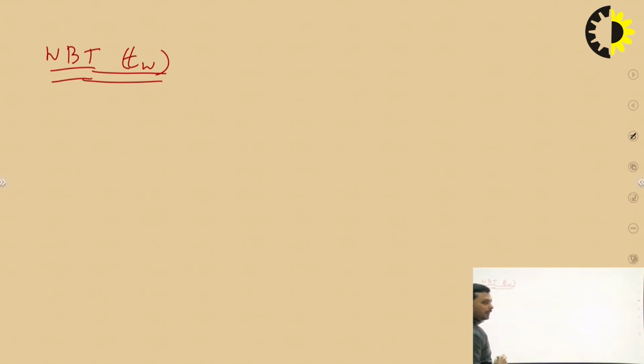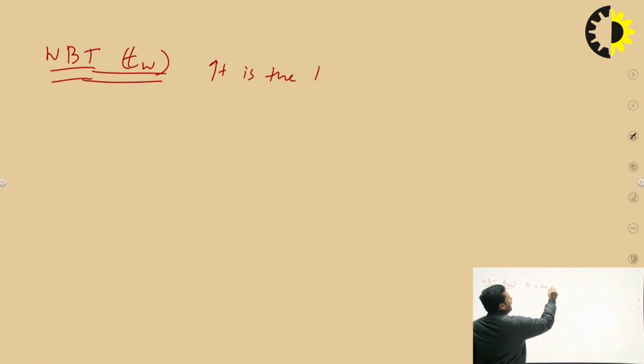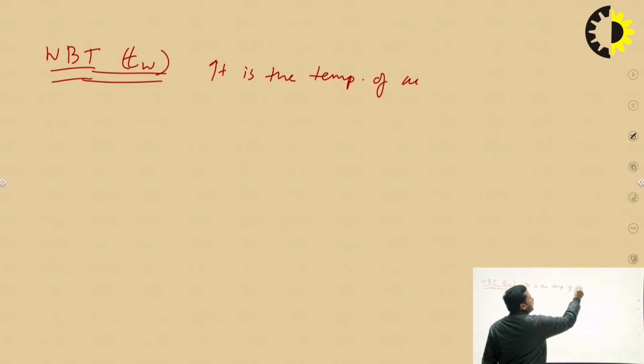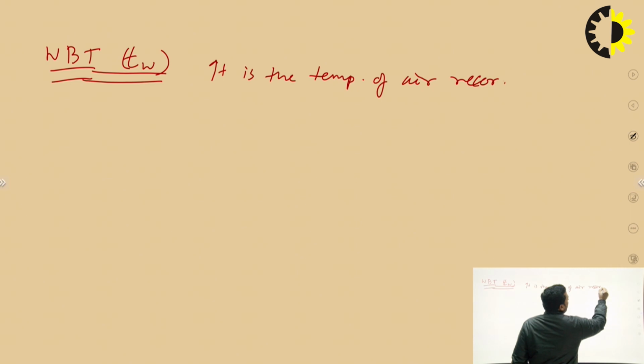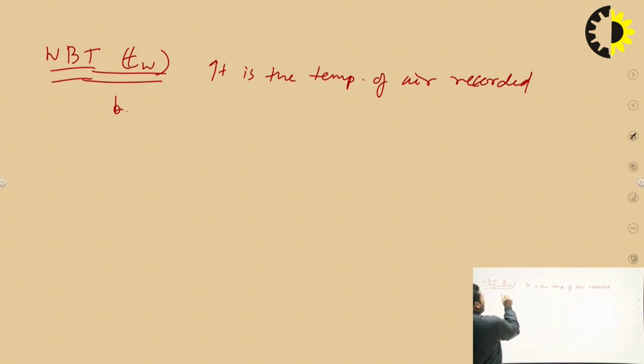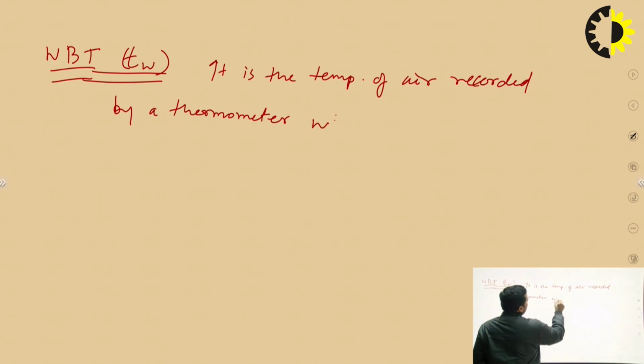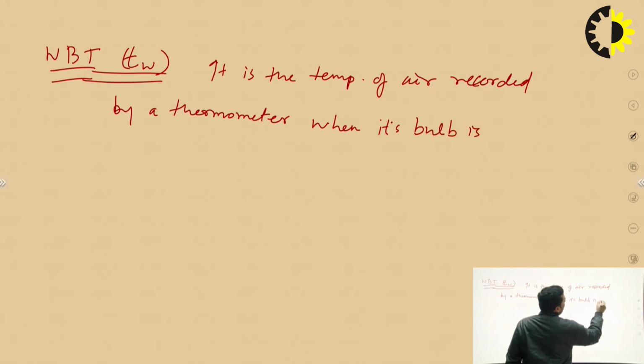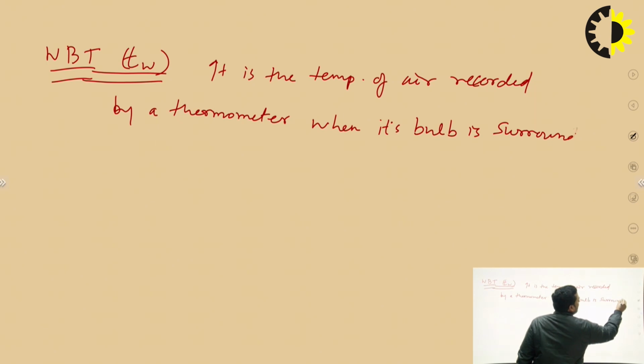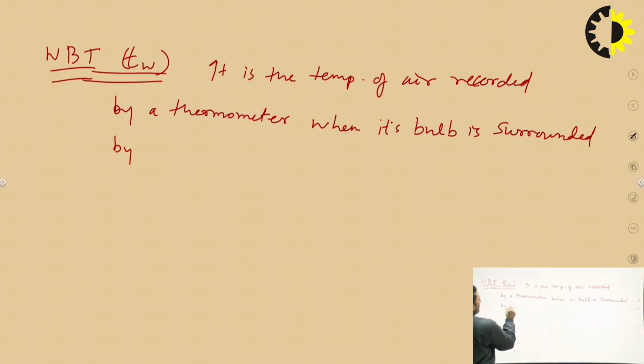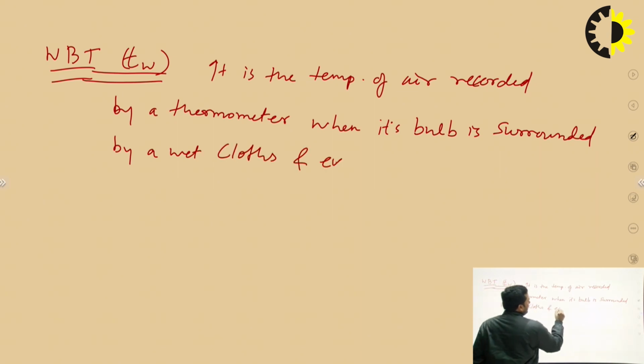According to the definition, it is the temperature of air recorded by a thermometer when its bulb is surrounded by a wet cloth and exposed to the air.